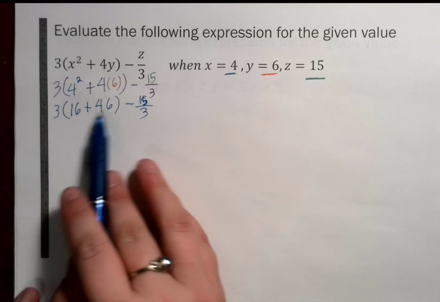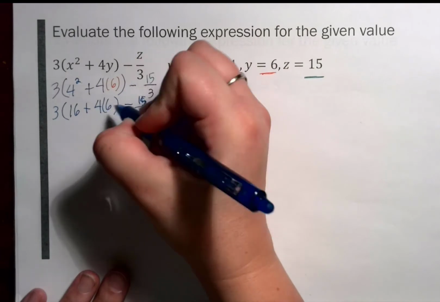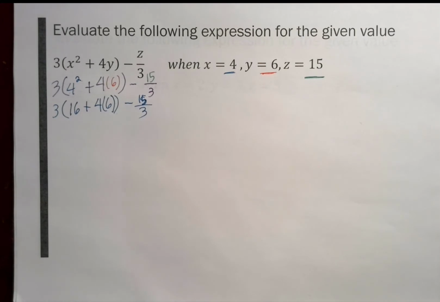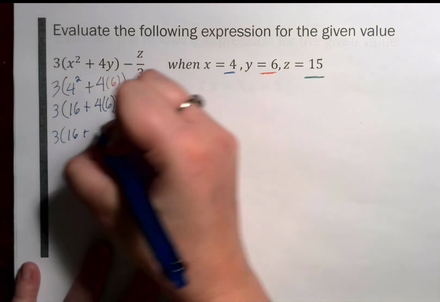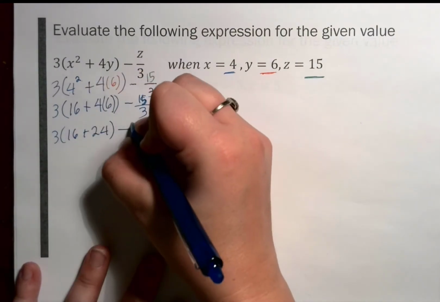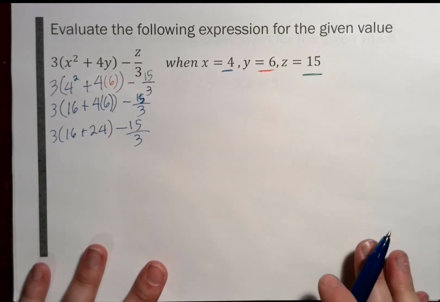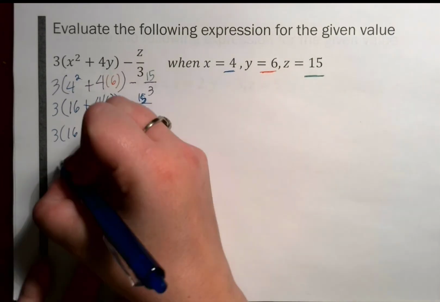So now I've got 16 plus 4 times 6. So I have to do 4 times 6 first, right? Which is 24. And then 16 plus 24 is 40.